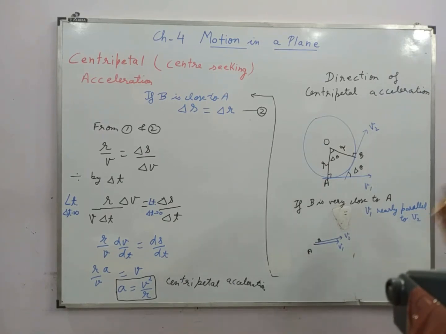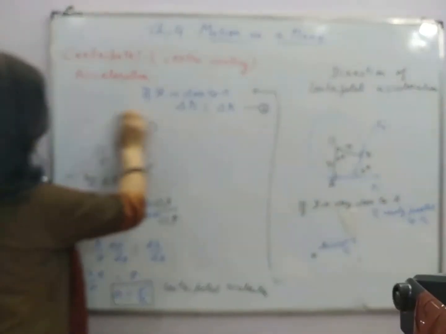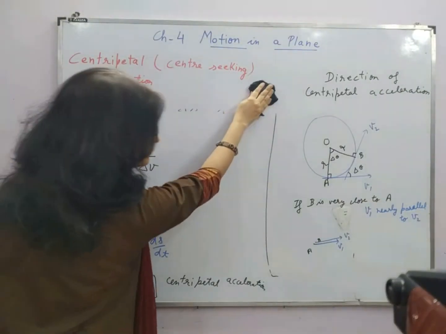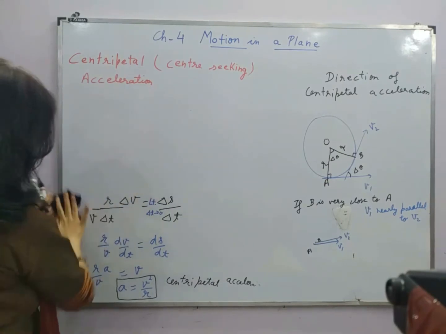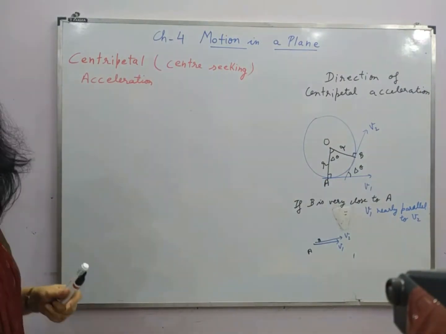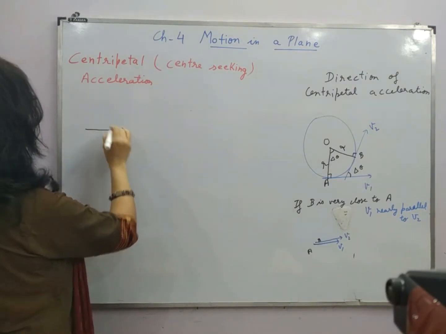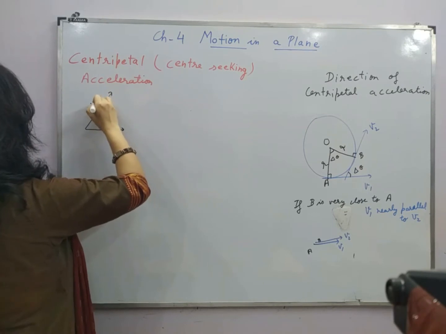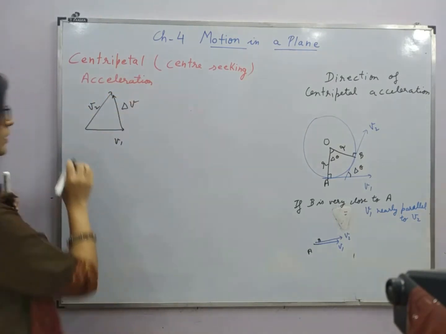And we know that when we had v1 this, v2 this, then we had this delta V, right?